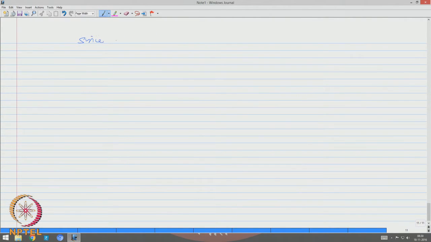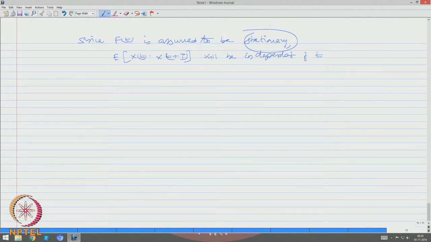since f(t) is assumed to be stationary, the expected value of x(t + tau) will be independent of t, because that is a classic definition of the assumption we have in a stationary process.